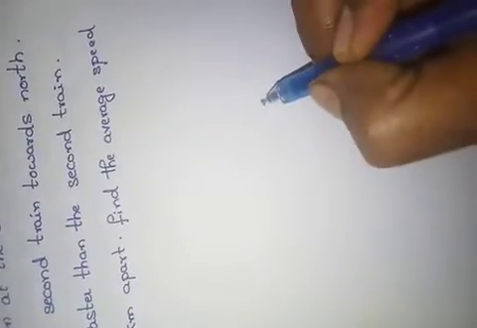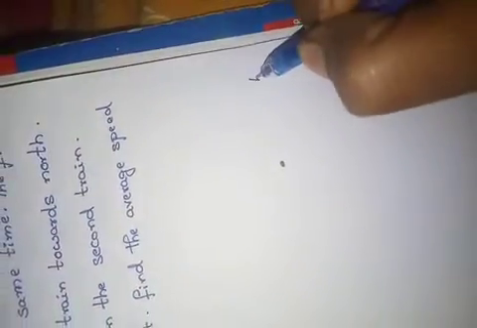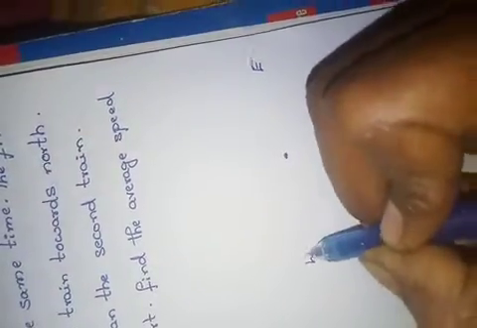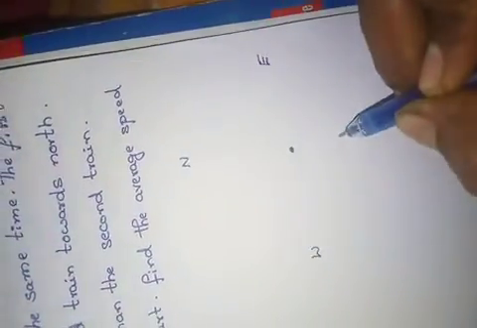We have to find this, no? Think of this as a station. One station. What did they say? The first train travels towards west. You know the directions, no? East, west, north, south.